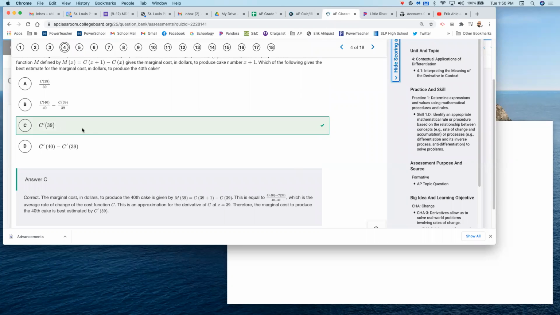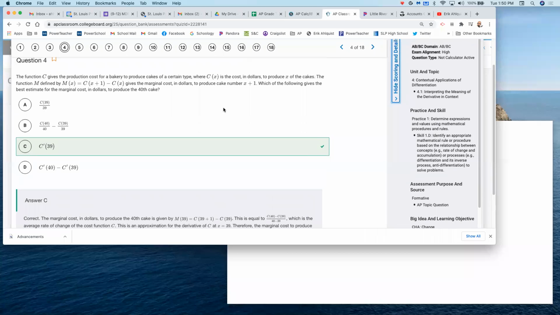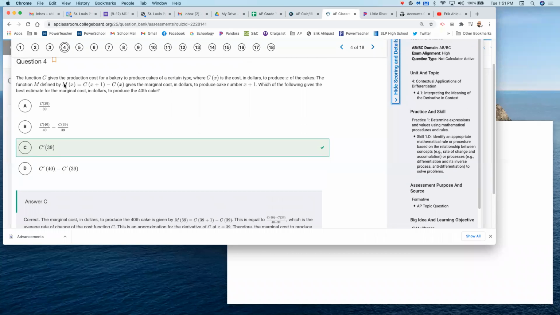When you're using this marginal equation right here, you do C of 40 minus C of 39, but then you divide it by 40 minus 39 because that's that extra cake there.